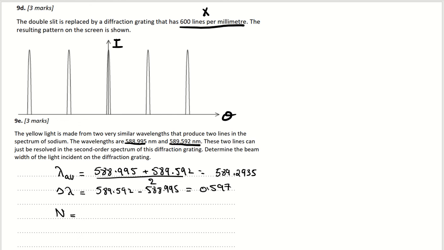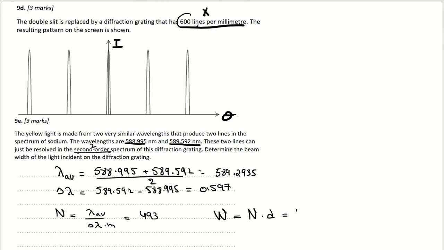So I need to find first n. To find n, it's lambda average over delta lambda times the order, which is, in this case, if you put the order as 2, you will get that n is 493 slits being illuminated. Now, to find the width of this beam, all you have to do is to multiply n times d, but I don't have d, but I have x, and d is 1 over x.